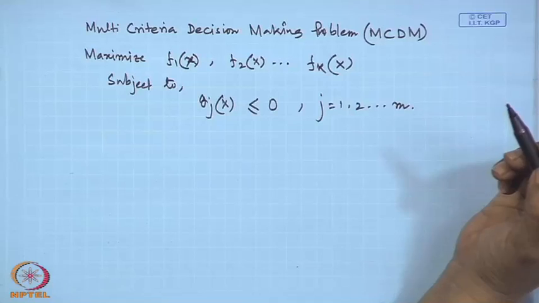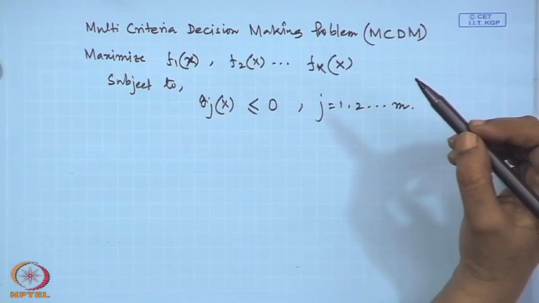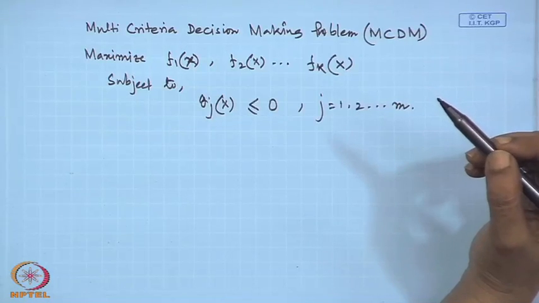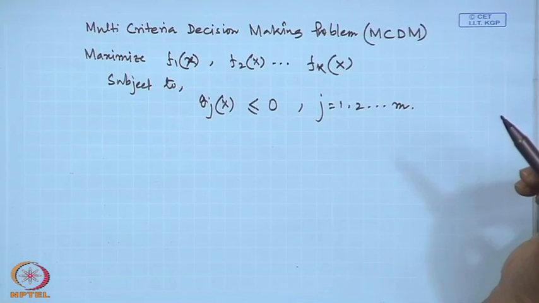Here the functions f1, f2, up to fk and the gj's could be linear or nonlinear in nature.